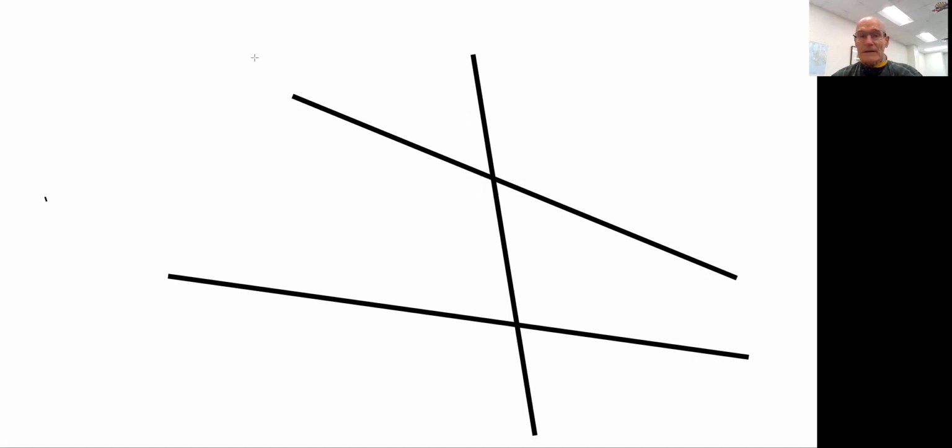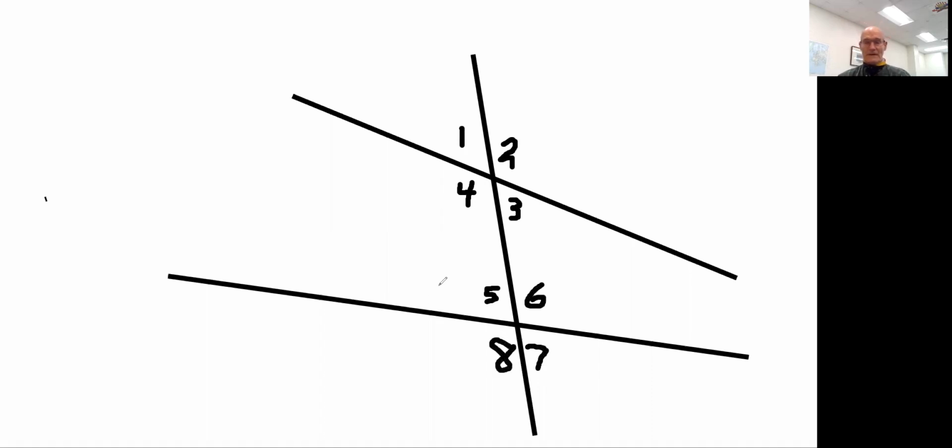Now, if we look at the angles that are created here, there are 8 of them. Angle 1 here, this would be angle 2, this would be angle 3, this would be angle 4, and then down here at the bottom we have 5, 6, 7, and 8.